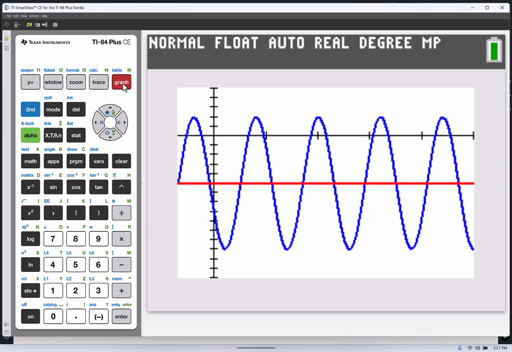Does everyone's graph look like this? I think we're all here now, hopefully.